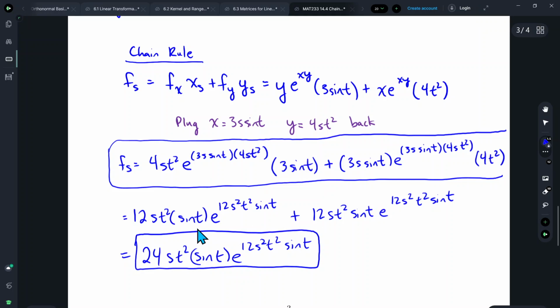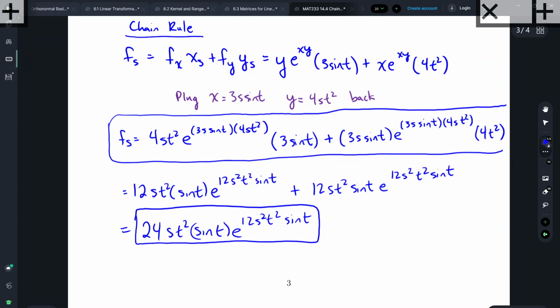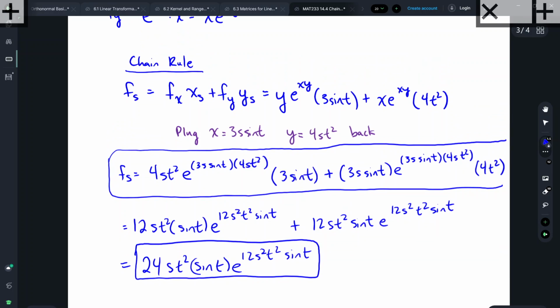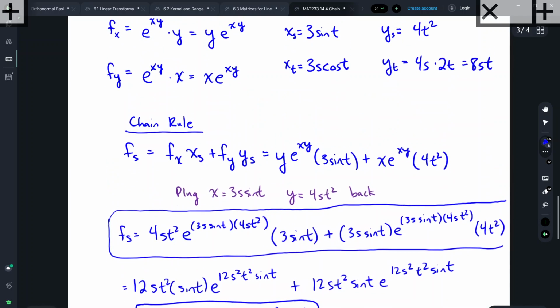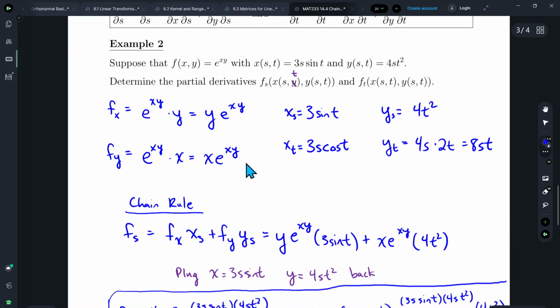Okay, so for this one we can do a little bit of simplification, but again, usually it's not really necessary. You can just leave it like this. Okay, so that's the partial of f with respect to s.